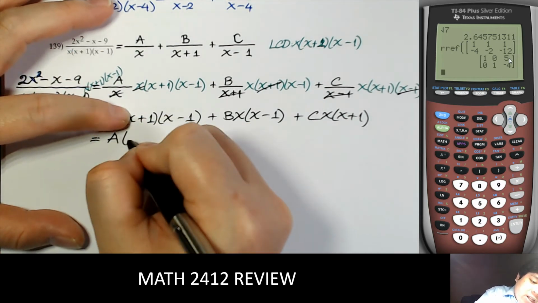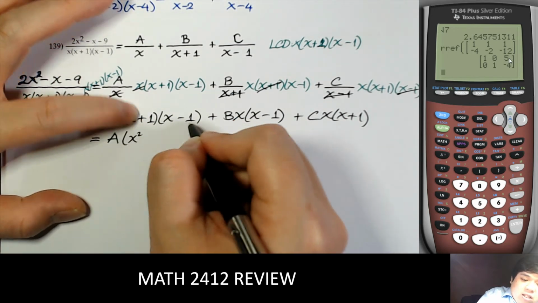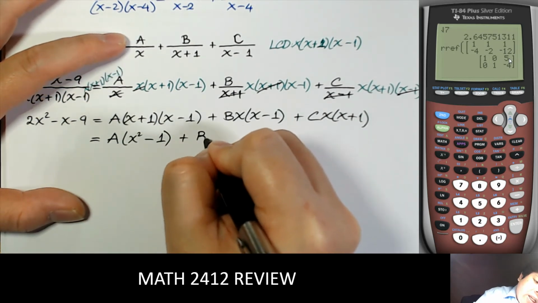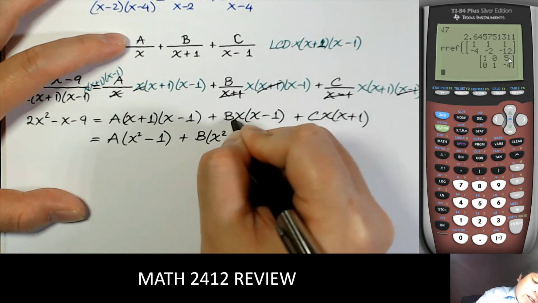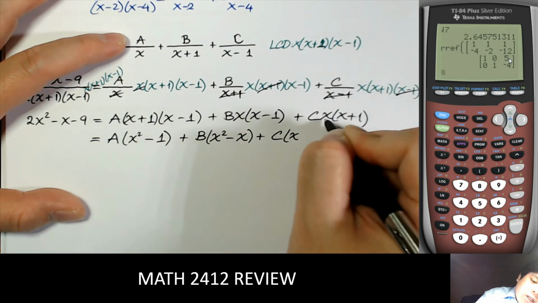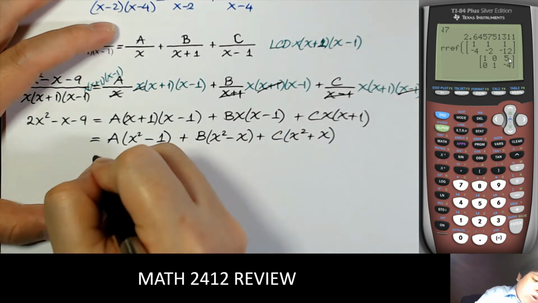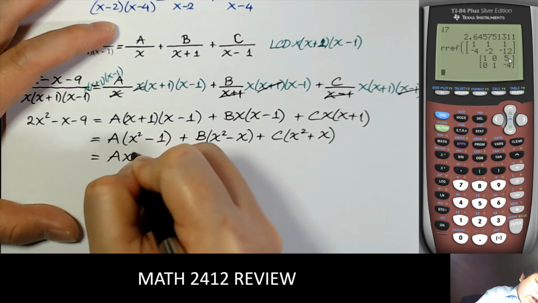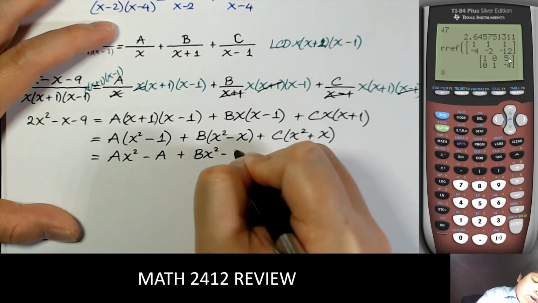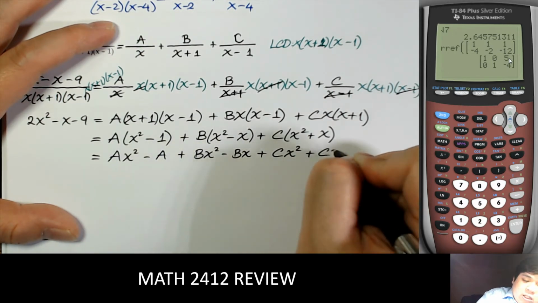We have a times x squared minus 1, b times x squared minus x, and c times x squared plus x. Multiply everything out: ax squared minus a plus bx squared minus bx plus cx squared plus cx.